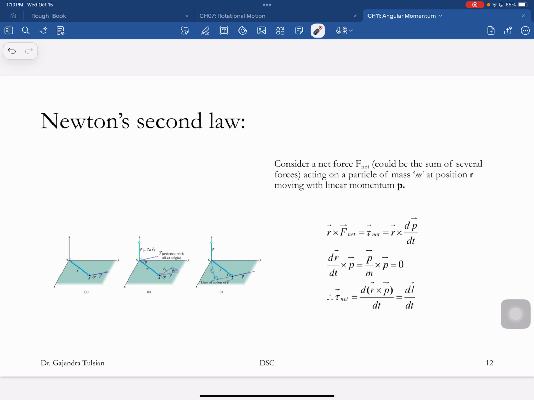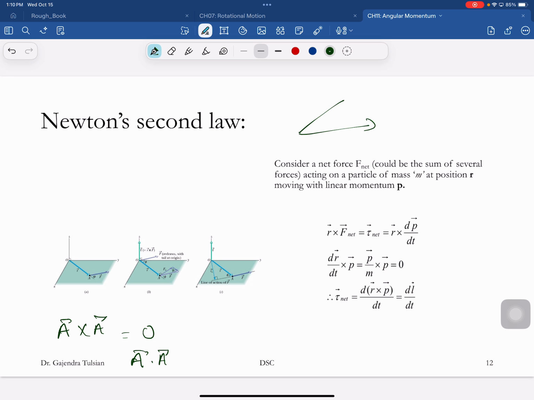Now, in proving this, here's the little trick. Do you guys remember what A cross A is? A vector crossed with itself? No, that's A dot A. This is 0.